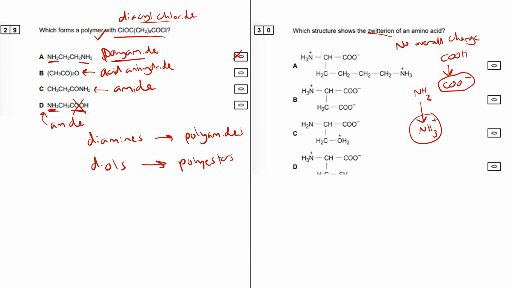It can't be A because there are two positive charges. Similarly, it can't be B because there are two negative charges. C is not the correct formula for a zwitterion because you don't have the NH3+, and therefore D, apologies I've cut this off here, has an NH3+ and a COO- there. So D is the only formula for a zwitterion.